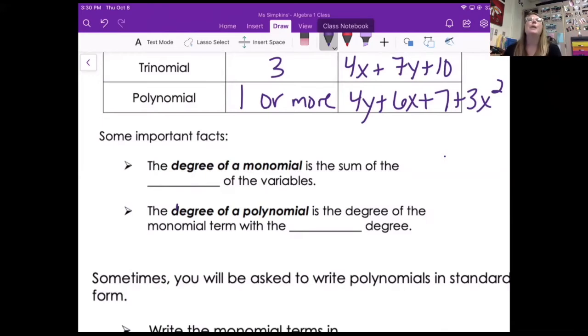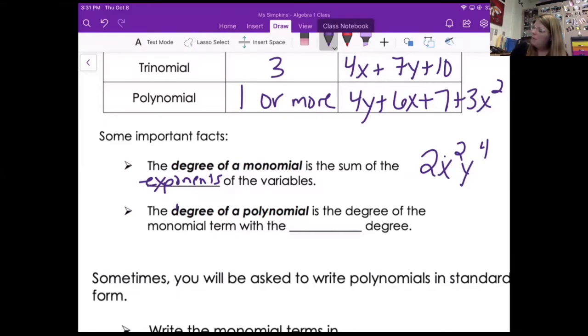So if we have a monomial, we need to take the sum of its exponents. Let me give you an example. If we had 2x squared y to the 4th, the degree would be those two exponents added together, which would be what? A 6. So I would describe that as a monomial of degree 6.